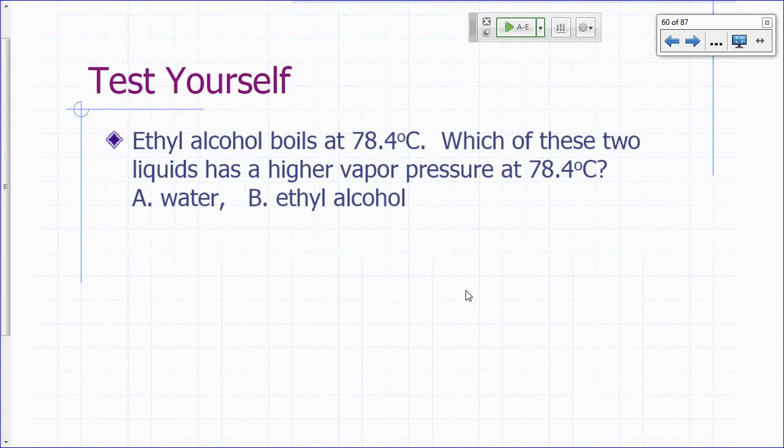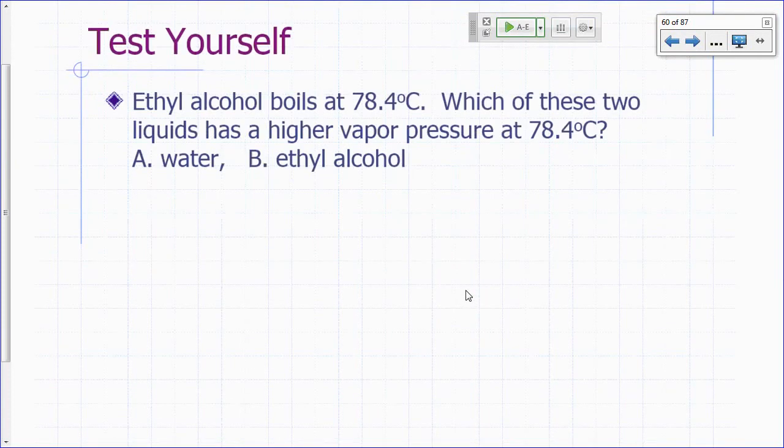All right. Let's try this one. Ethyl alcohol boils at 78.4 degrees Celsius. Which of these two liquids has a higher vapor pressure at 78.4 degrees Celsius? Water or ethyl alcohol?